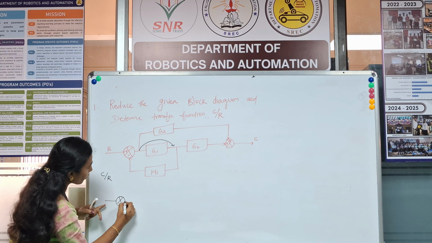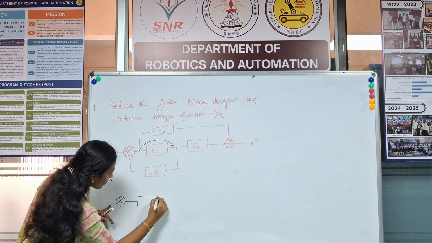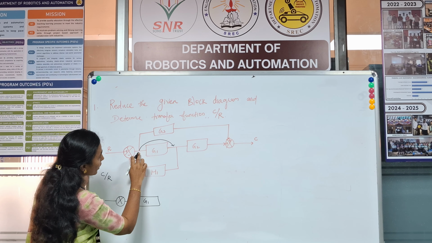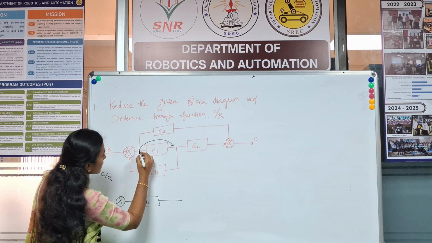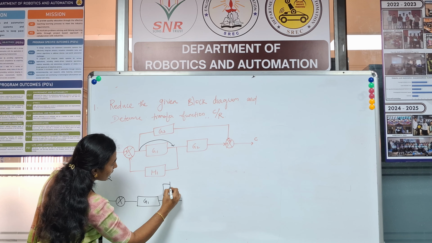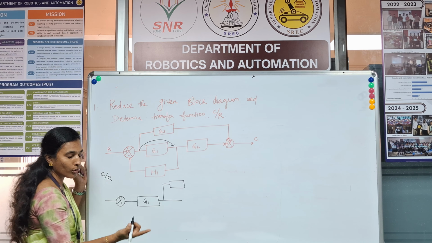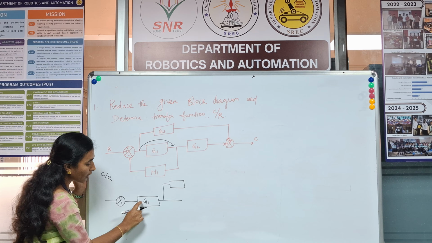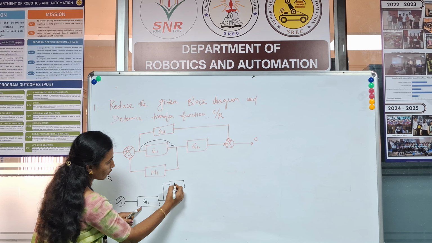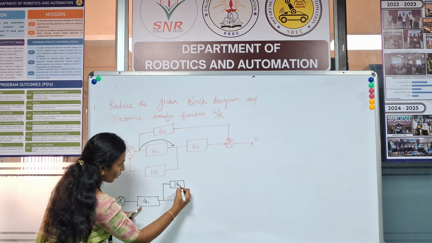So this is the summing point and this is the block G1, right? And you are moving this takeoff point to here, so your takeoff point came here, right? When you move the takeoff point, you have to add a block. The value of the block will be the reciprocal of this value, which is nothing but 1 by G1, right?